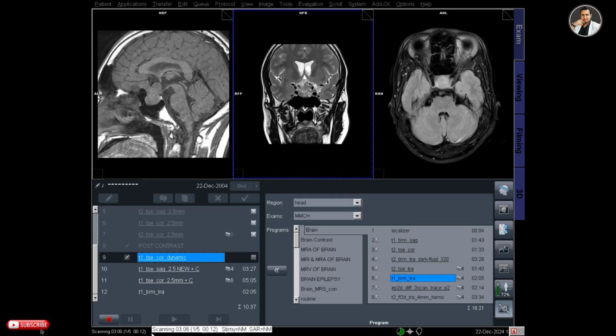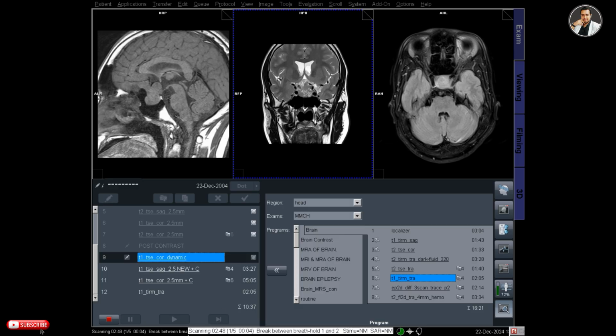There will be a total of 5 scans for the dynamic. 6 seconds remain for the break.